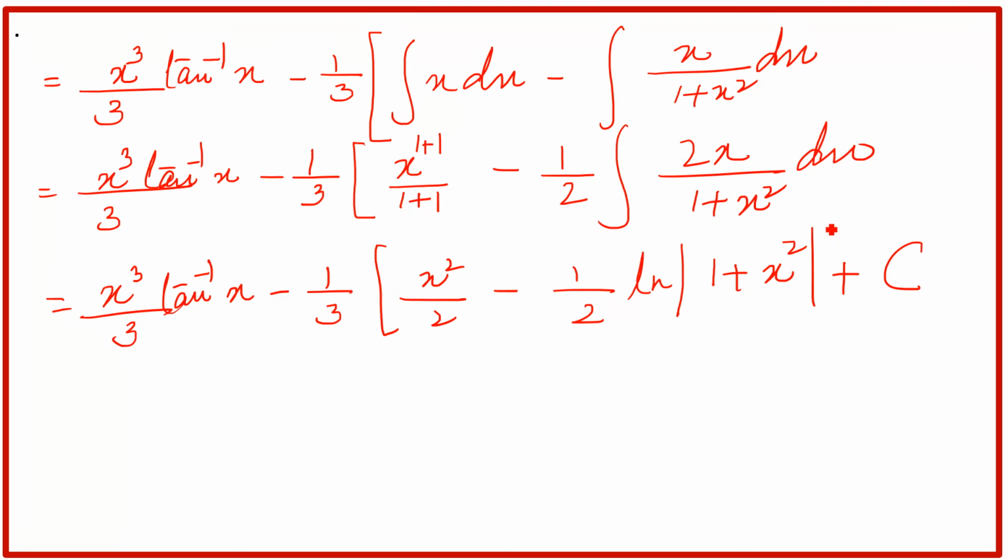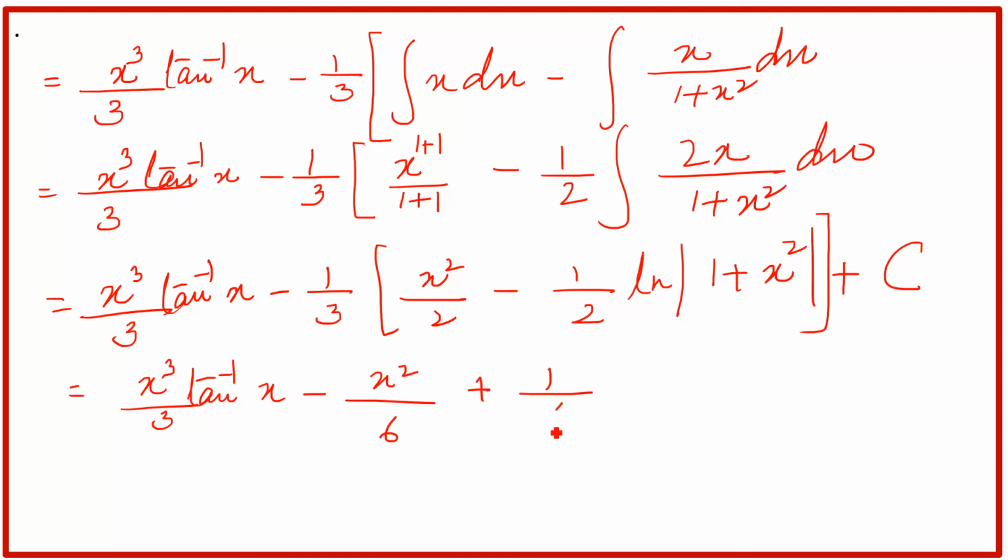Now we will multiply 1 over 3 with this. It will be x cube over 3 tan inverse x minus x square over 6 plus 1 over 6 natural log of 1 plus x square plus c.